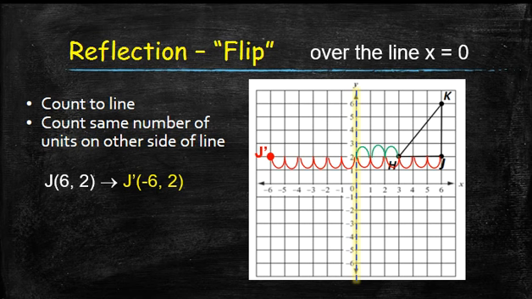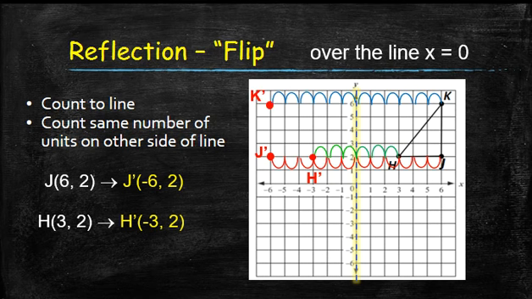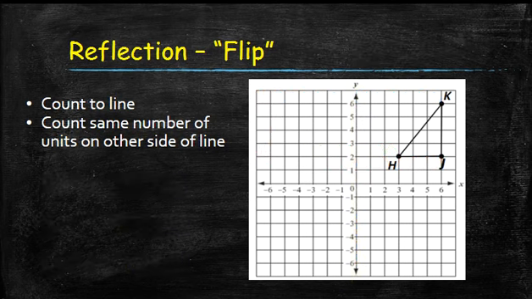Let's do the same thing with H. Count to the line. That's 3. Count 3 on the other side. My new point H prime is at -3, 2. Repeat again for K. Count to the line. Count the same on the other side. And K prime is -6, 6. I draw my triangle, and you can see that the triangle flipped over that y-axis, or the line x equals 0.